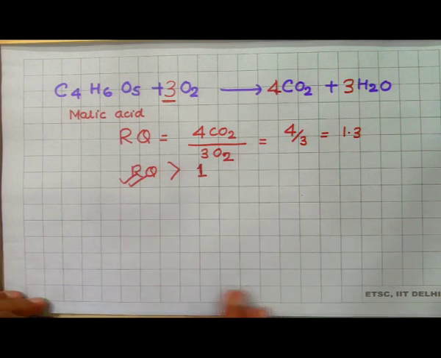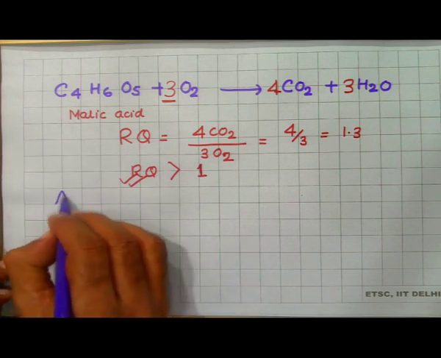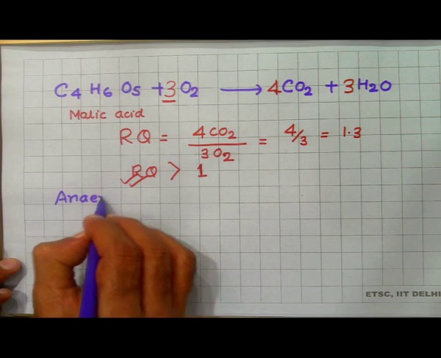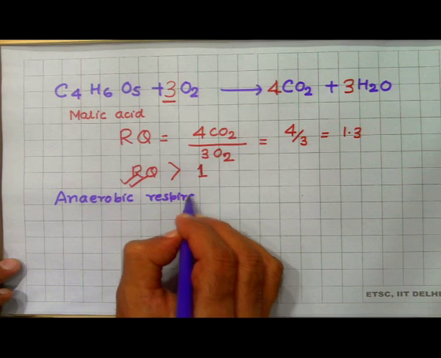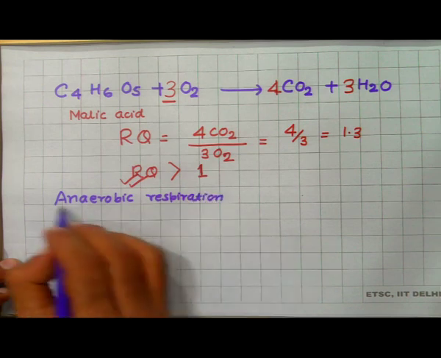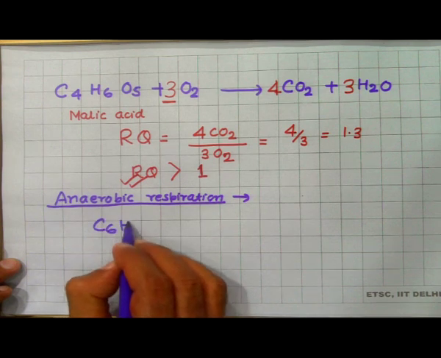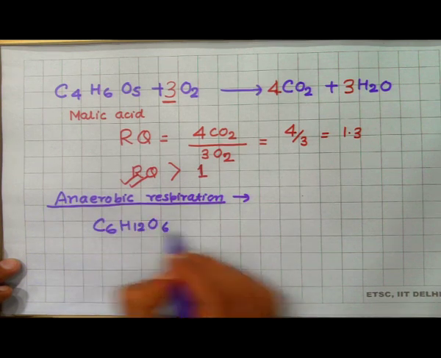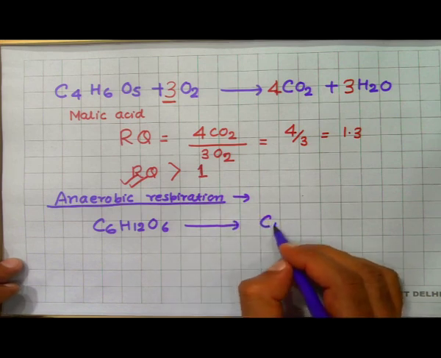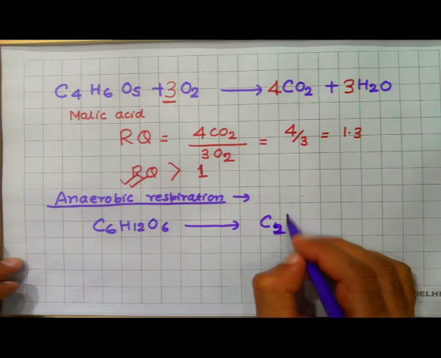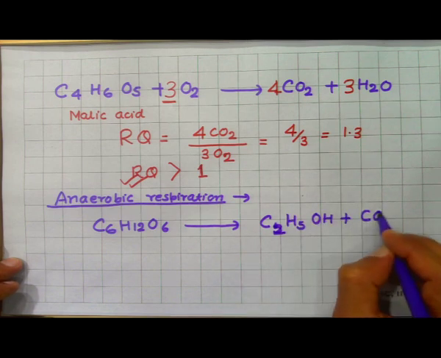The RQ value of another reaction, that is in anaerobic respiration, where there is no use of oxygen, here the glucose molecule is going to break down. It gives alcohol, that is ethyl alcohol, C2H5OH, plus carbon dioxide.